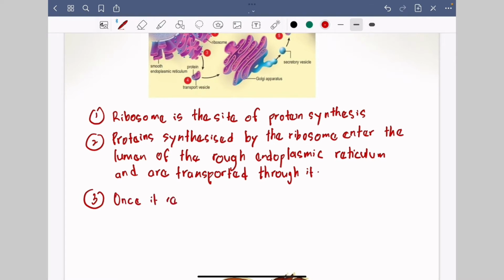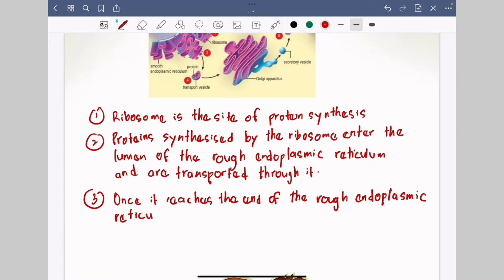Once it reaches the end of the rough endoplasmic reticulum, the membrane buds off to form a transport vesicle.